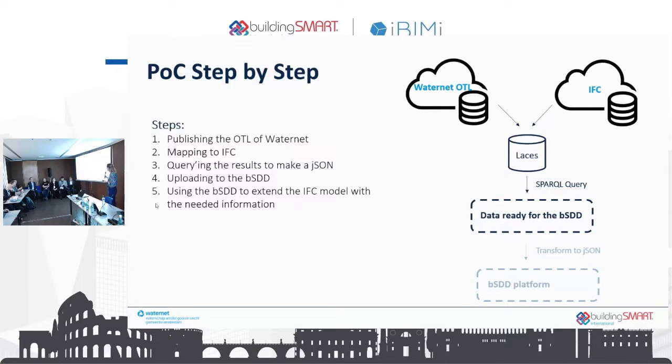So we did this in Laces. And then, of course, we want to have this information in the bSDD. To get there, we made a SPARQL query to get the right results from the ontology, because there was more information in the ontology than we could put in the bSDD at the moment. We made it ready for the bSDD, so we get the right information out of there and transform it to JSON to put it in the bSDD platform, and we managed to do that.